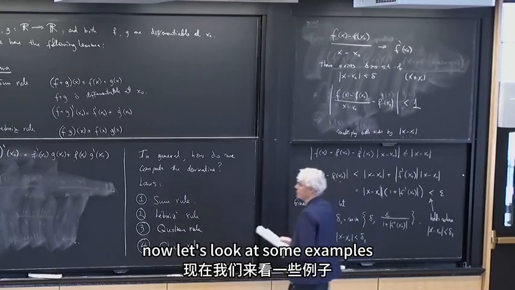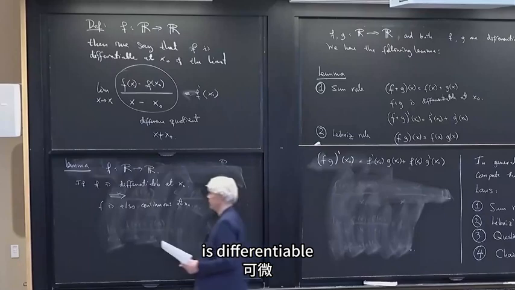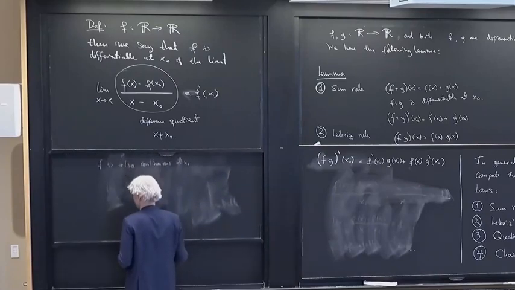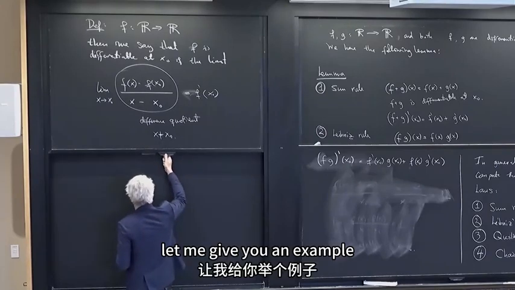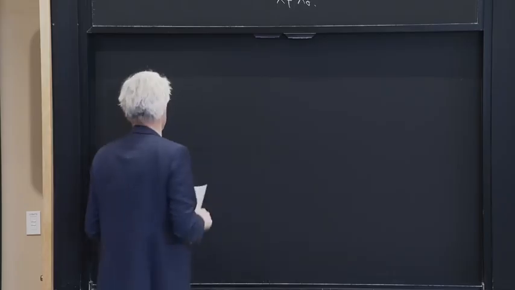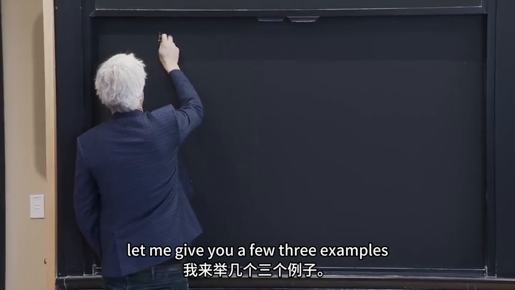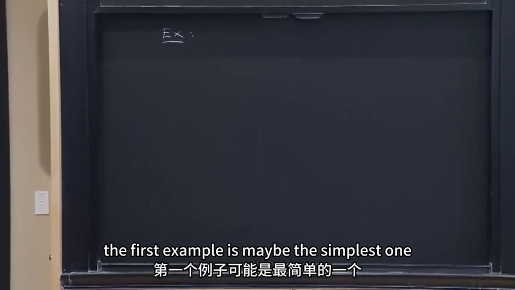Now let's look at some examples. So this means that if a function is differentiable, then it's continuous. Let me give you three examples. The first example is maybe the simplest one.